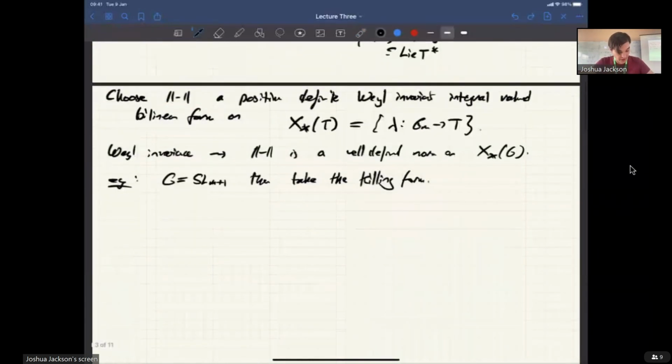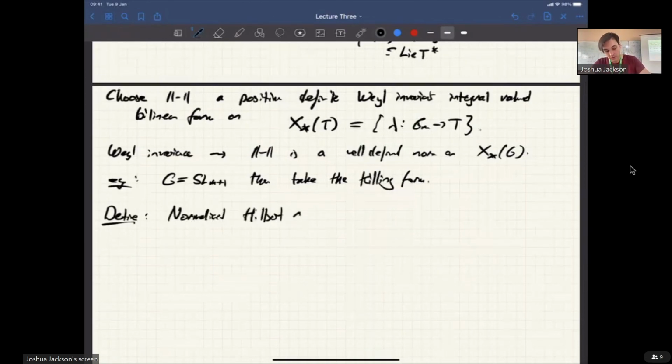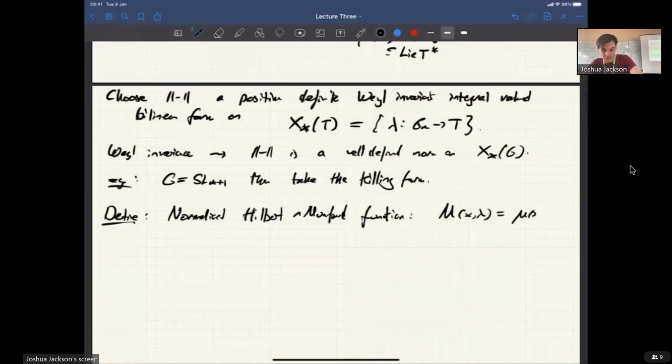So let me define the normalized Hilbert-Mumford function. I'll call it capital M, and it's just the usual thing, but divided by the norm of lambda.